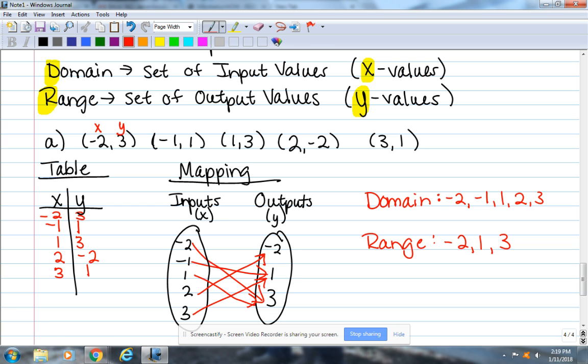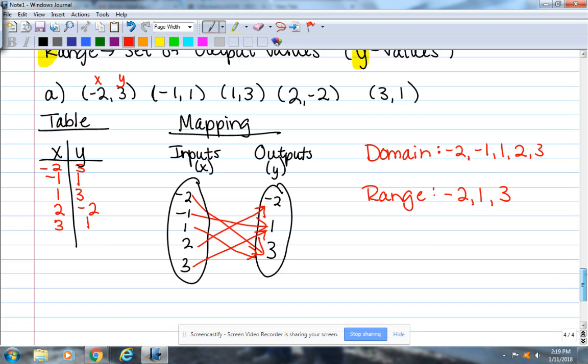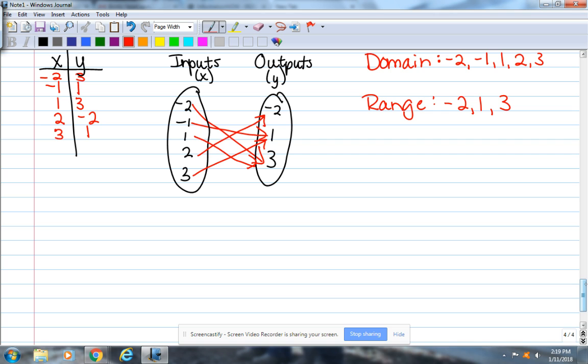Okay. So the next thing we're going to talk about is, we are going to learn to be able to tell whether a relation is a function.